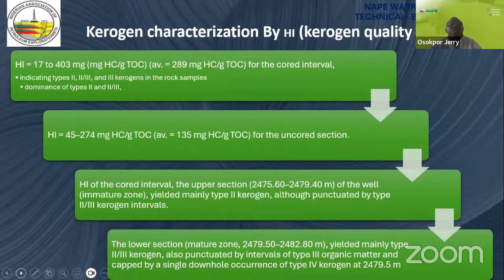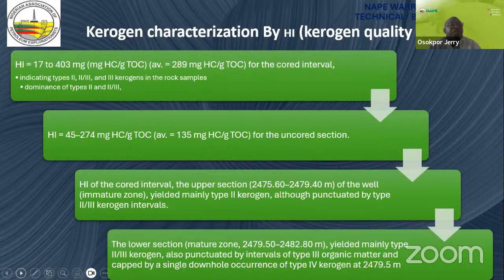Now, the kerogen present in these samples was characterized using the hydrogen index value for each sample, which explains the quality of the material, because beyond the quantity, quality is of utmost importance to know whether you'll be able to generate substantial hydrocarbon.